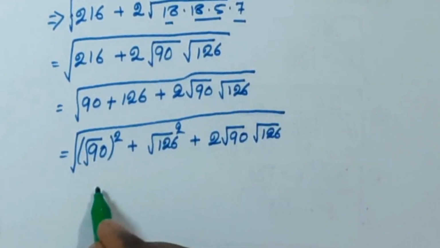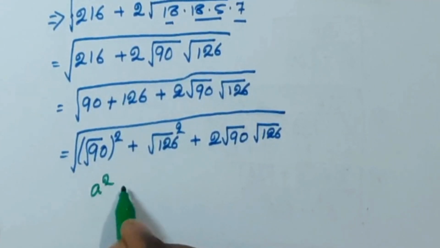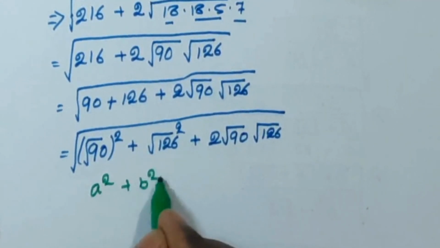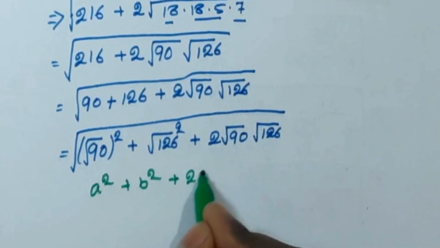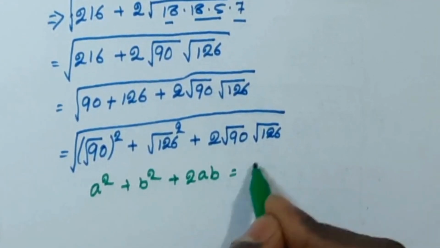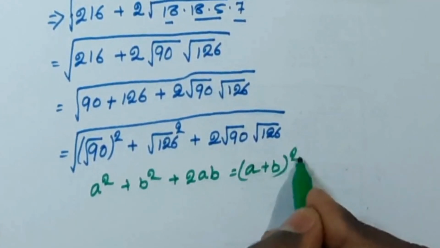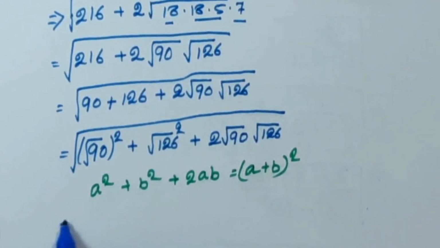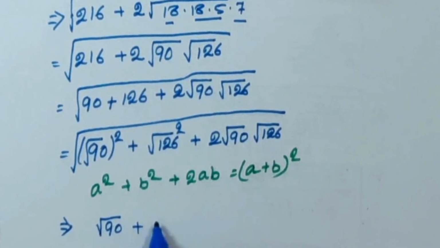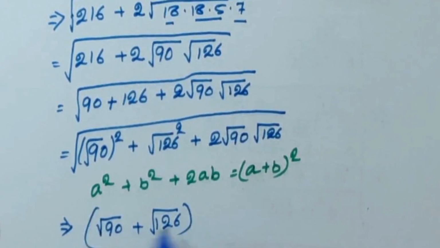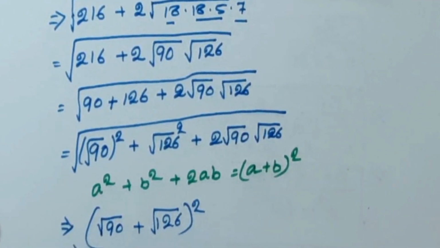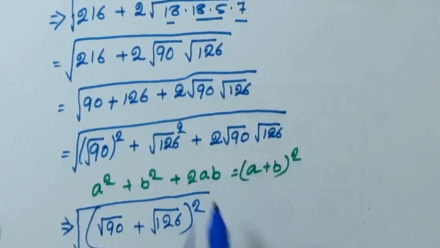Now it looks like a square plus b square plus 2ab equal to (a plus b) whole square. So (square root of 90 plus square root of 126) whole square, whole square root.